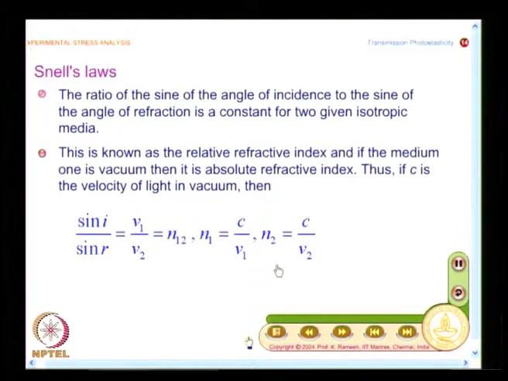For one incident ray I have one refracted ray, and this totally changes when I go to crystals. In photoelasticity you also call this a common path interferometer, so they are less stringent in vibration isolation requirements. That will be understood when you look at crystal optics.